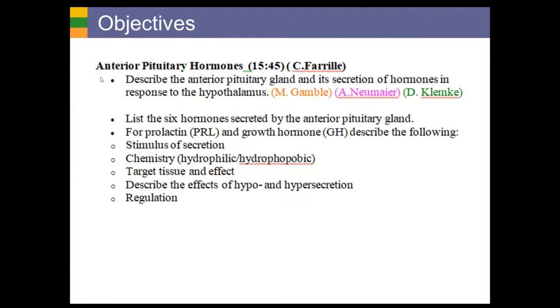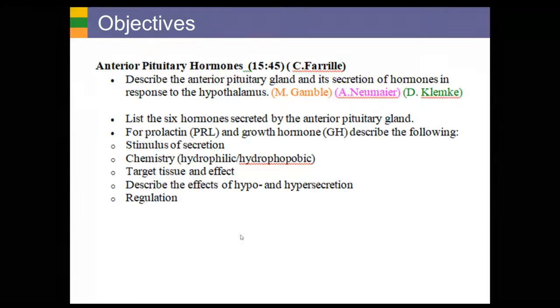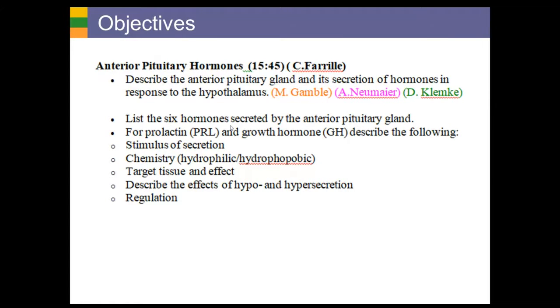So the next screencast was on anterior pituitary hormones. And the learning objective that was noted as a Medius point was: describe the anterior pituitary gland and its secretion of hormones in response to the hypothalamus. Okay, so the anterior pituitary gland is an extremely important gland.